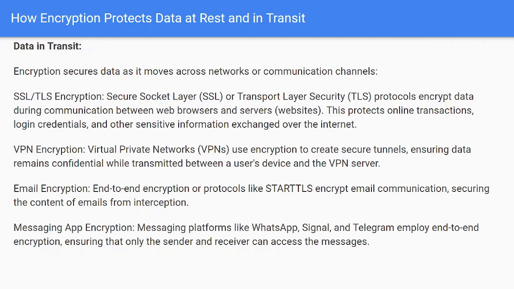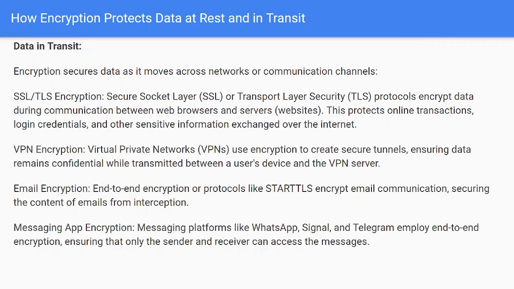And the next one is email encryption. End-to-end encryption or protocols like STARTTLS encrypt email communication, securing the content of the email from interception. So the moment you press send, end-to-end encryption is in place to ensure that nobody intercepts this email.